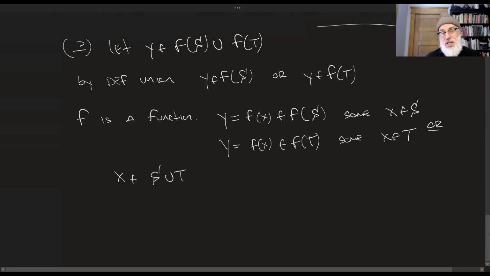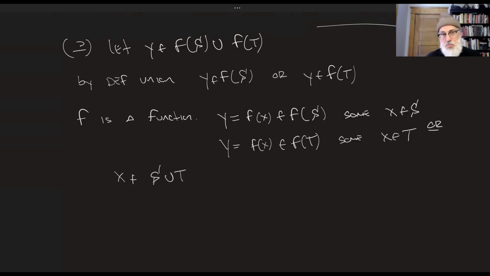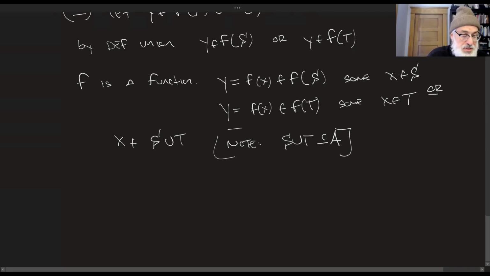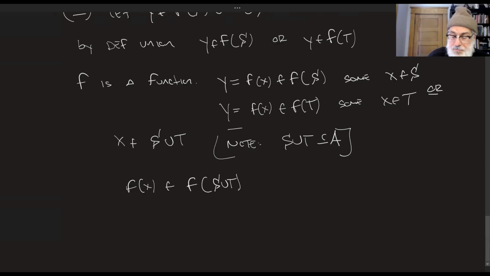Now, under the function f again, we're taking elements of x in the domain, and S union t is a subset of the domain. So note that S union t is a subset of A. This then implies that f of x is an element of f of S union t.